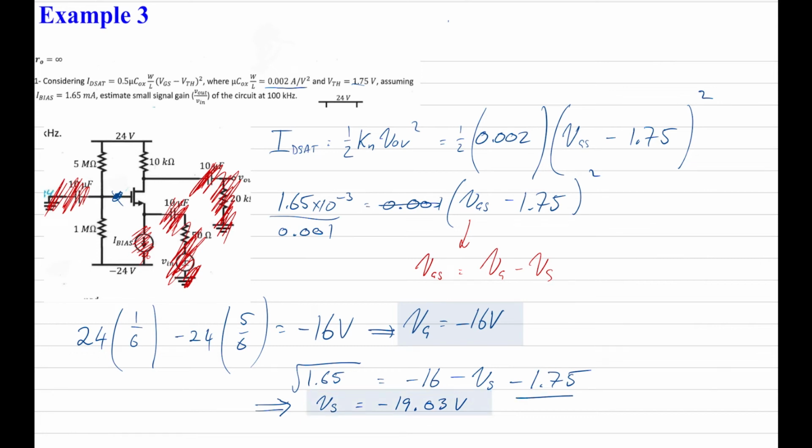And we can therefore say that VGS is VG minus Vs, which equals minus 16 minus minus, which is plus 19.03. And that gives us 3.03 volts for the gate source voltage.